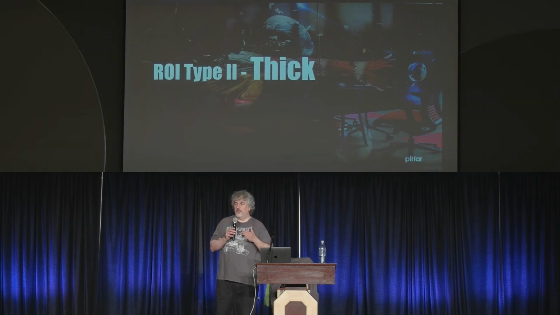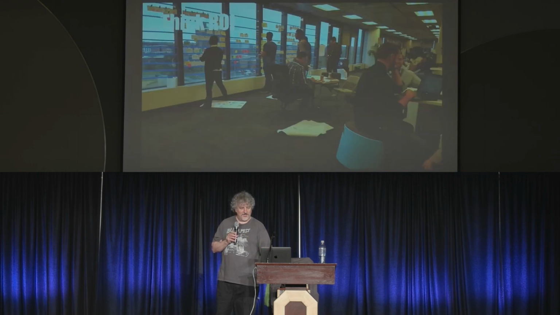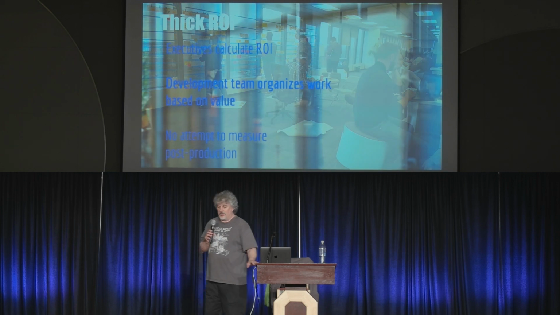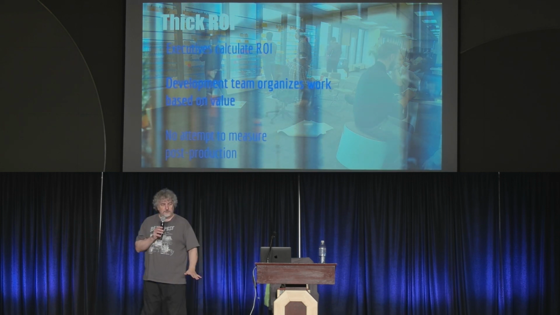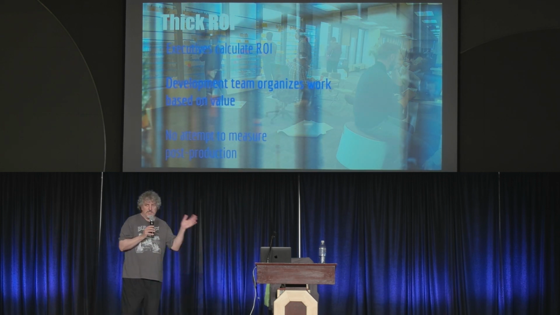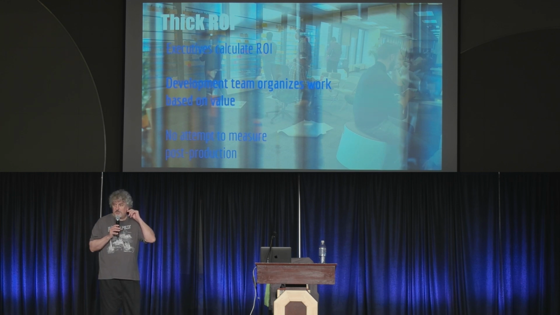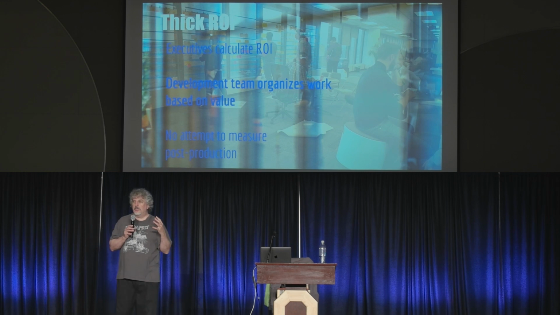So, Goldilocks, type 2. Thick ROI is we still need executives to calculate that return on investment, but the development team organizes their work based on that value.